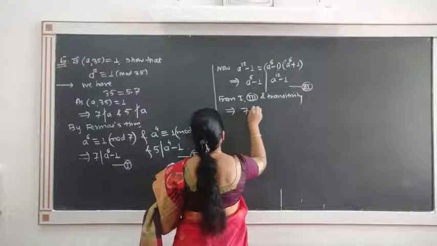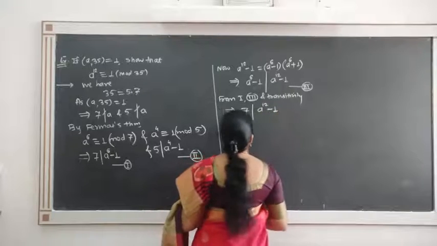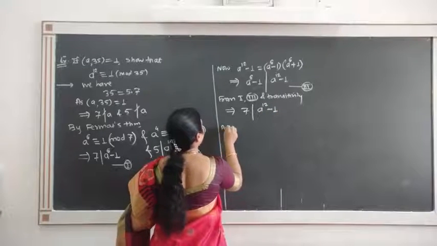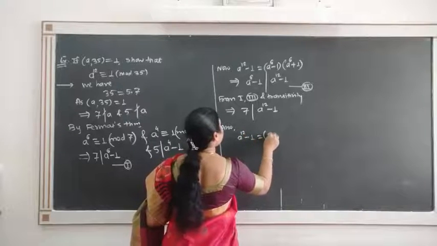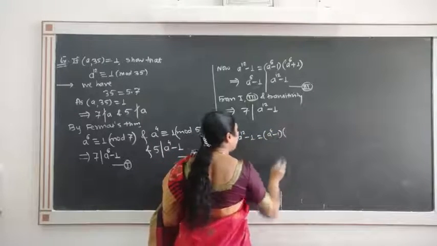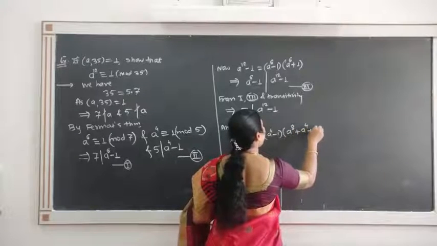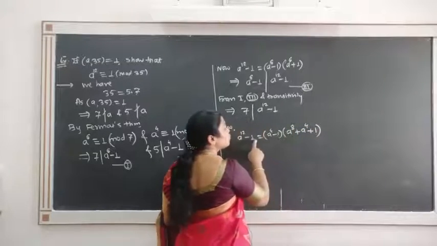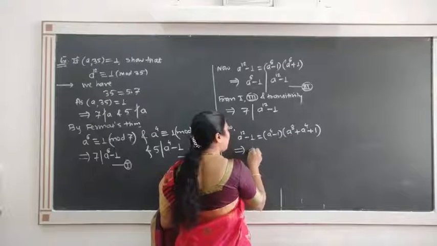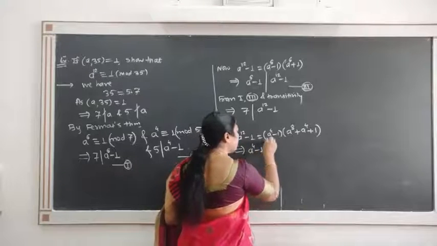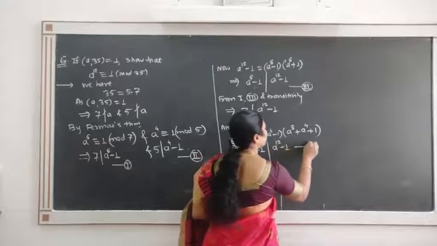So this implies that 7 divides A raised to 12 minus 1. Also, A raised to 12 minus 1 can be written as A raised to 4 minus 1 into A raised to 8 plus A raised to 4 plus 1. So A raised to 12 minus 1 can be factored in this way. This implies that A raised to 4 minus 1 divides A raised to 12 minus 1.